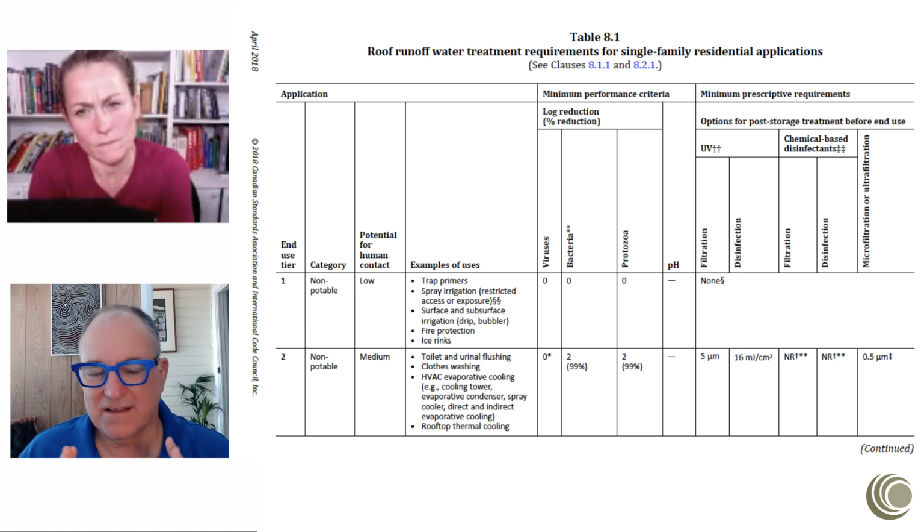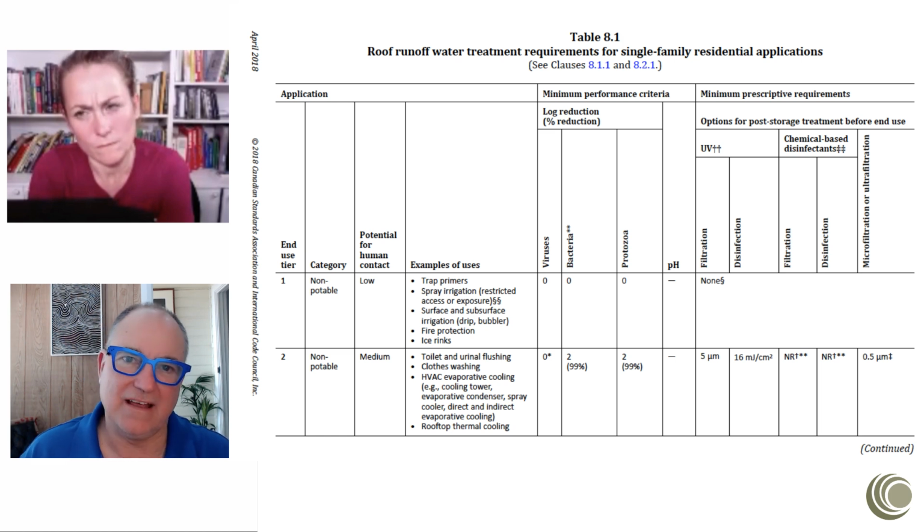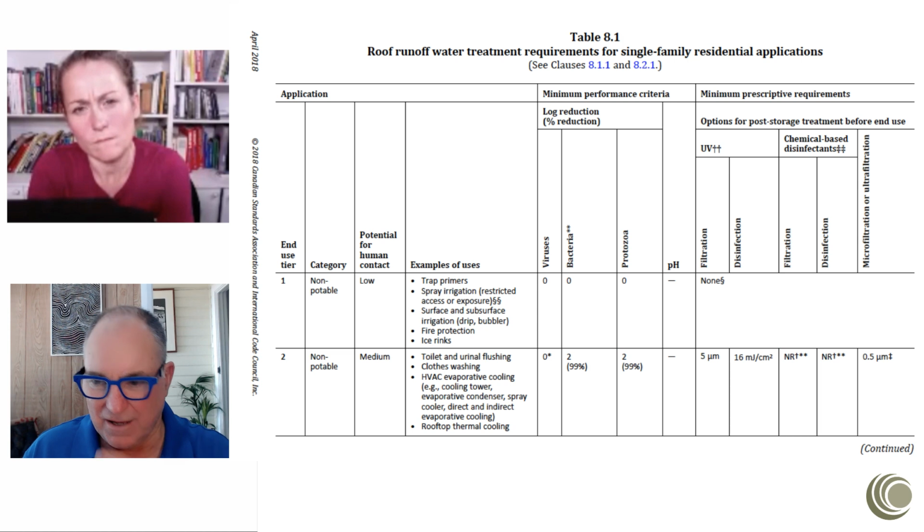The main risks are coming from higher order mammals, and the enHealth guidelines in Australia, written by our National Health and Medical Research Council, highlight that bird poo is a secondary consideration, a secondary stream of things that might make you sick.